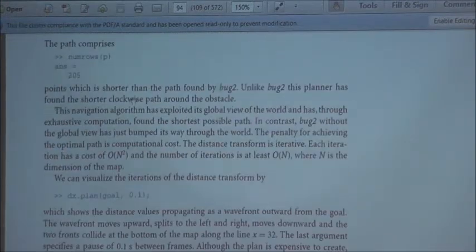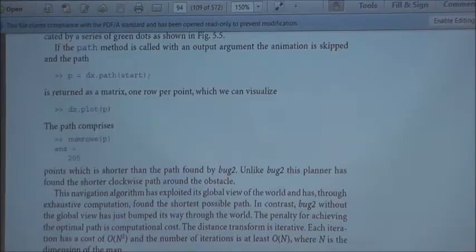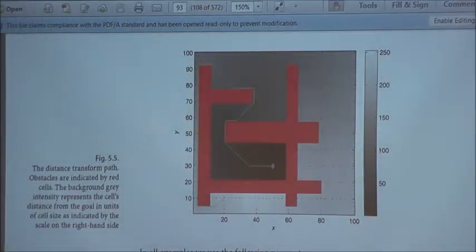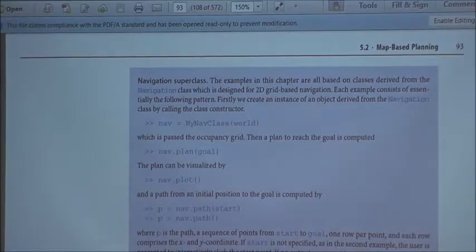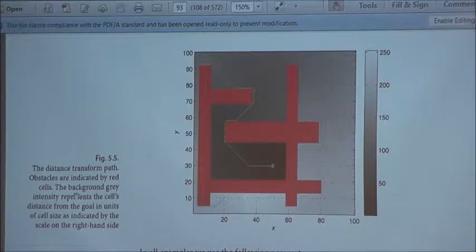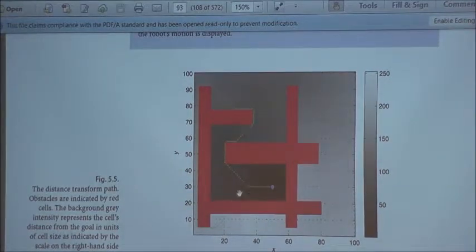And figure 5.5, which is up here, actually this is the one. I beg your pardon. That's the same. This is actually the distance transform path. What I told you is really relevant to section 5.2.1. So in this one, you are looking at distance to the goal, okay?